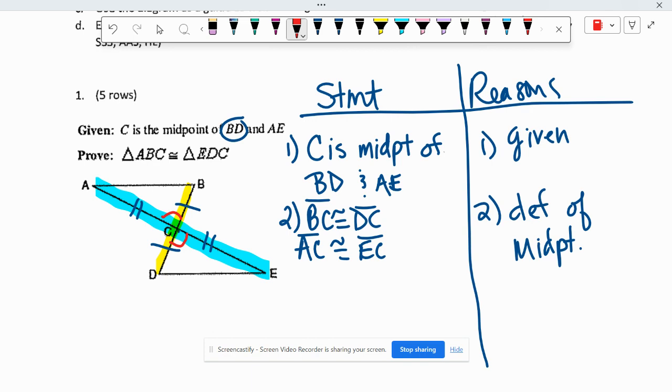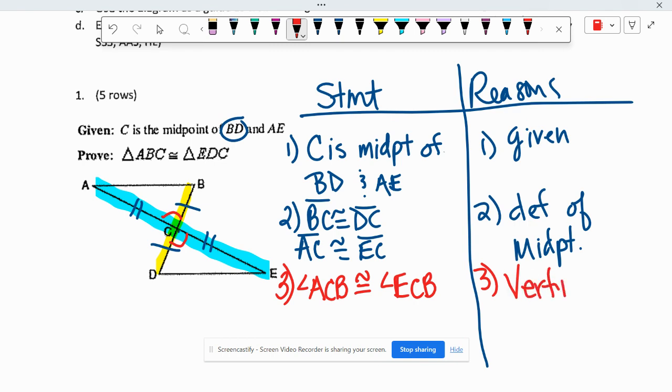So let's name those. That's angle ACB, and it's going to be congruent to angle ECB. Why can I say that those two angles are congruent? Because they're what kind of angles?